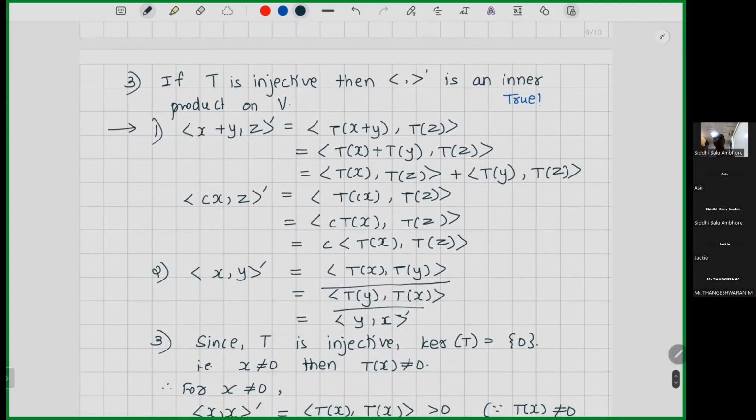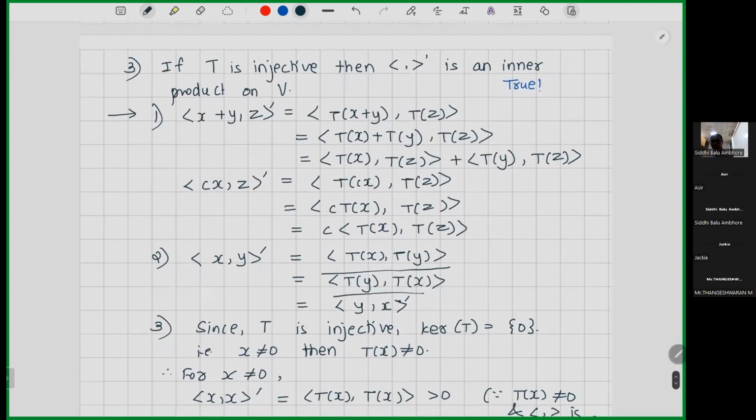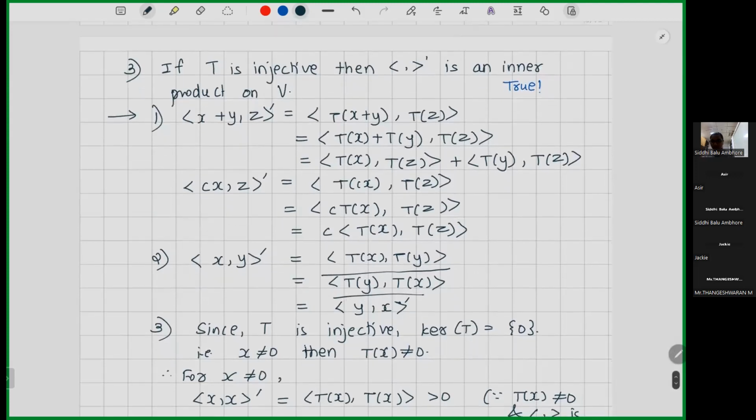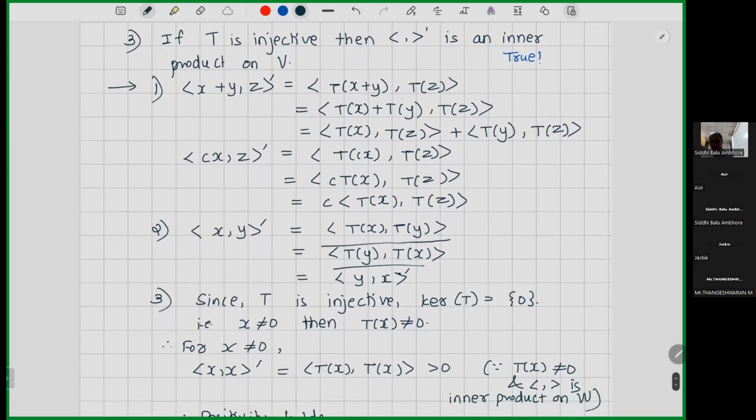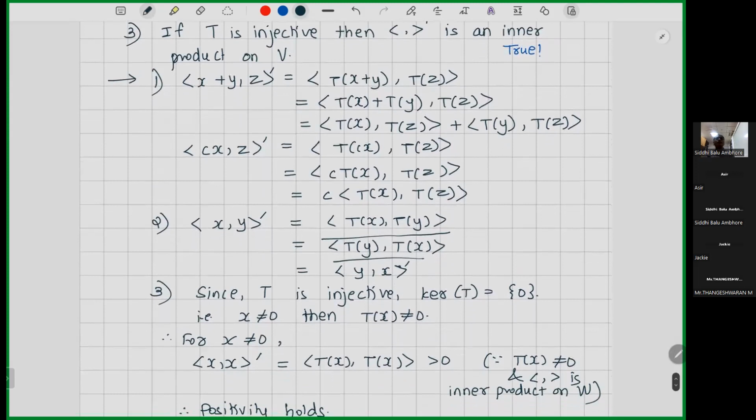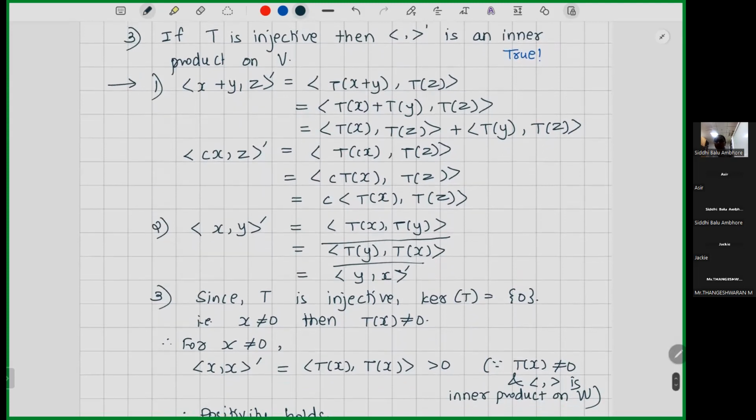And this one, if T is injective, please let me know if there are any doubts here. Injectivity guarantees that this (x, y)' is actually forming an inner product on V with respect to this injective linear transformation T. Any doubts here?